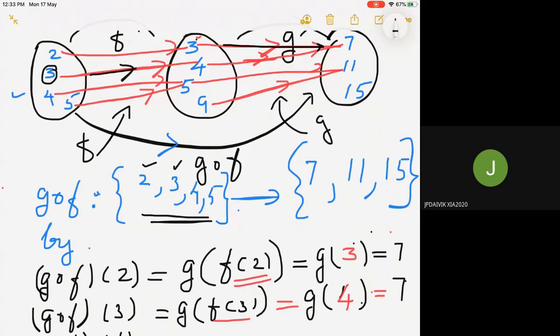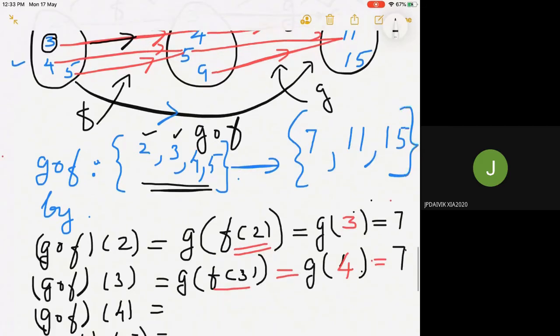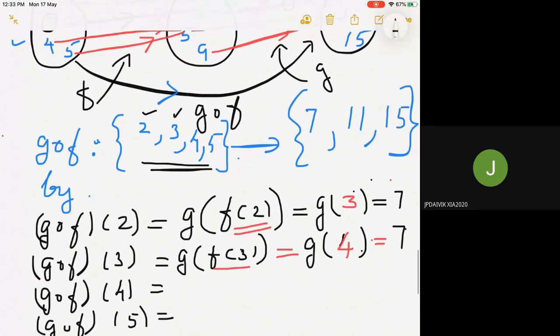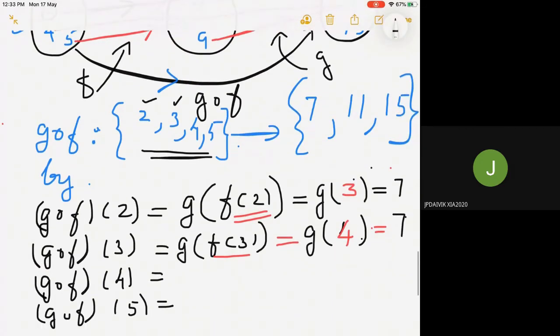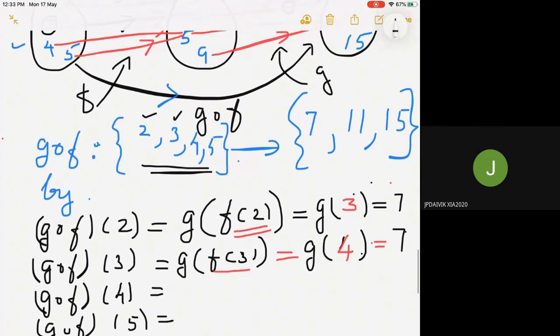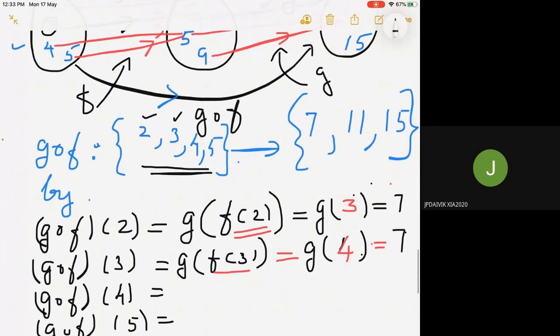So similarly, you find out the other two images of the function, the elements 4 and 5. All of you write the answers for g dot f of 4 and g dot f of 5.